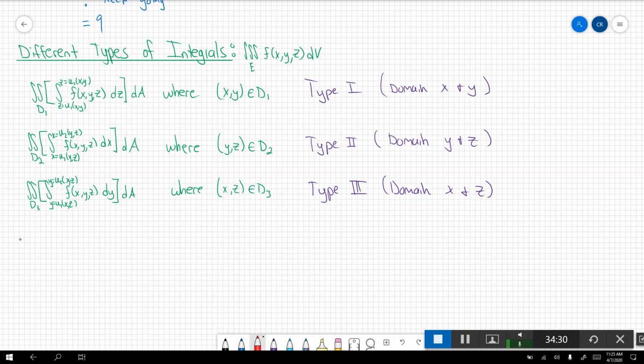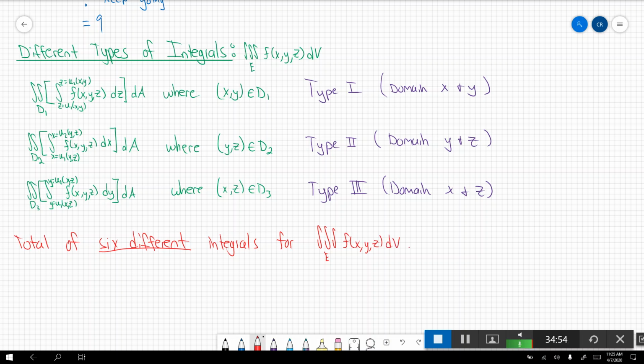Here we have a total of 6 different integrals for the integral over the region for some function f of x, y, z with respect to dV.